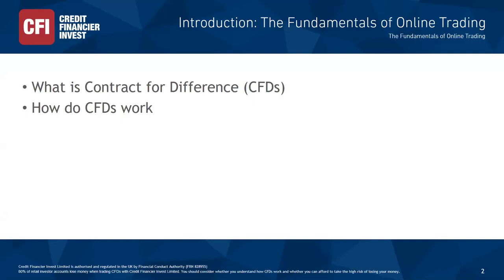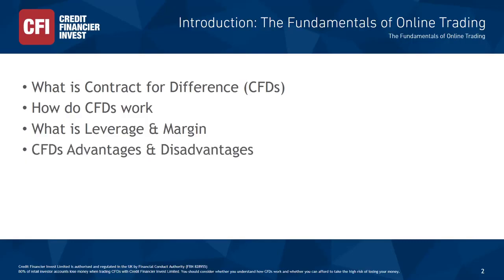And then the next point will be how do CFDs work, and I will also be giving you an example of how it works for better understanding. The next point I will be discussing is what is leverage and margin. And the next one is, what are the advantages and disadvantages of CFDs?